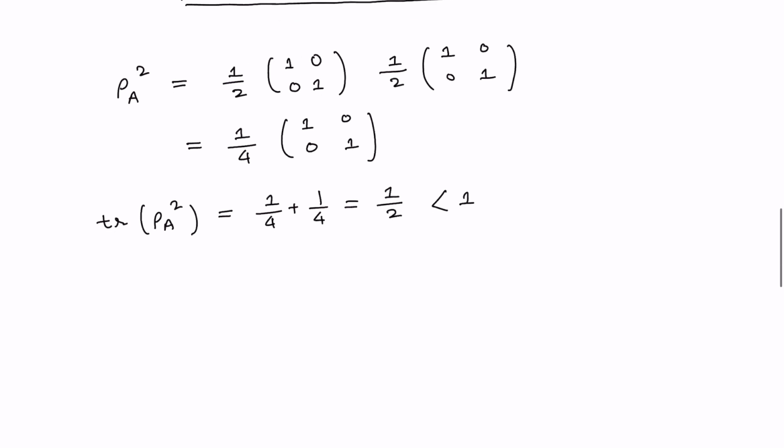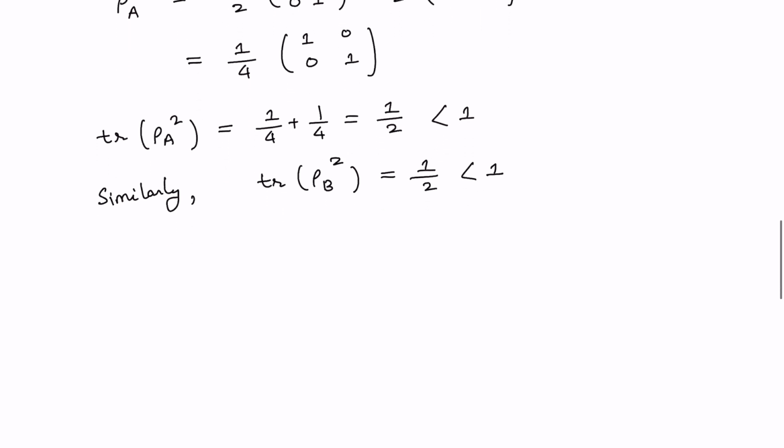And similarly, it is quite obvious that you are going to get the same result for subsystem B as well. The trace of rho B squared, if you calculate it, is also going to give you 1/2, which is less than 1.